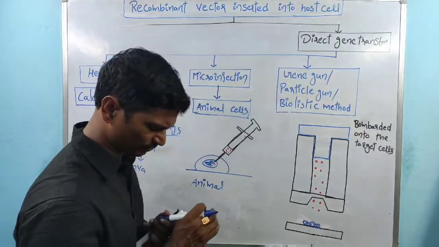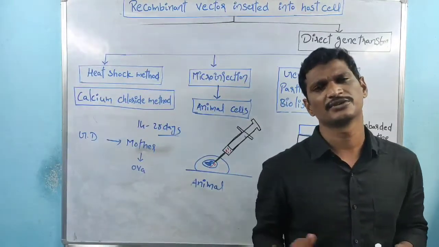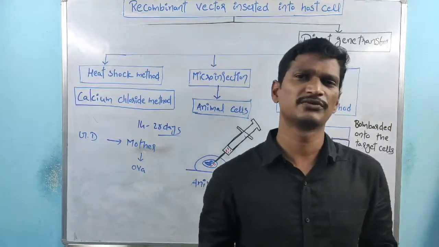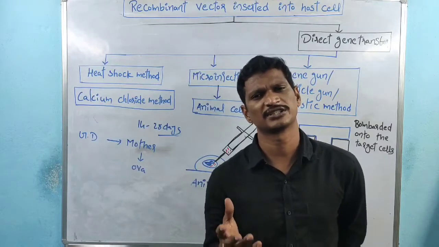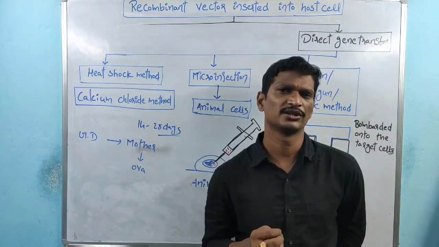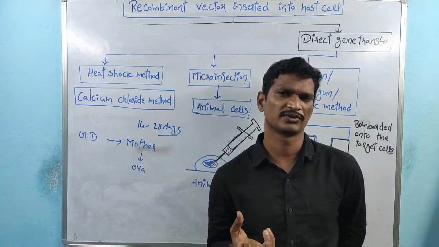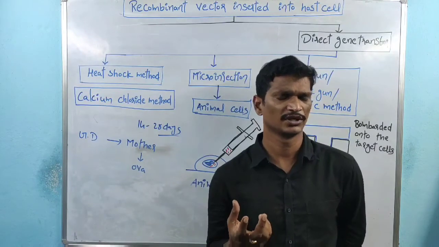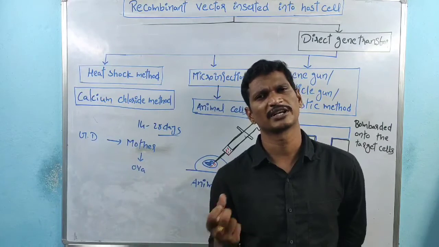I would like to ask one question here: cultivation of prokaryotic cells and cultivation of eukaryotic cells, which one is difficult and which one is easy? Cultivation of prokaryotic cells is very easy compared with eukaryotic cells. For human cell division, 24 hours are required.